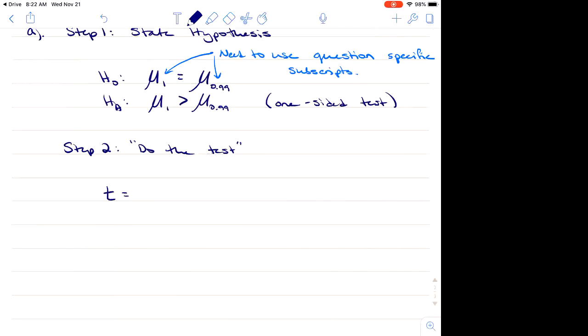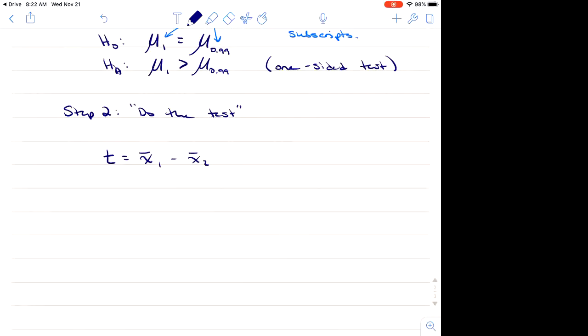So t is x1 bar minus x2 bar, technically minus (mu1 minus mu2). So technically it looks like this, minus mu1 minus mu2, but this is equal to 0 since H naught is that mu1 equals mu2.